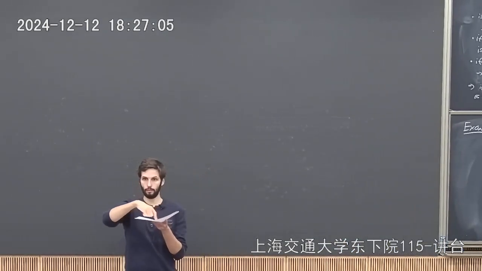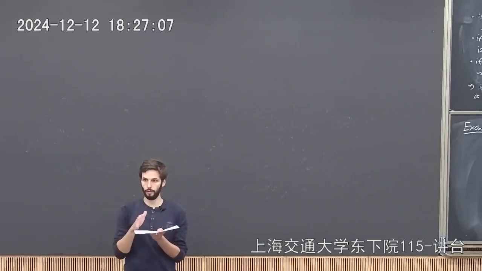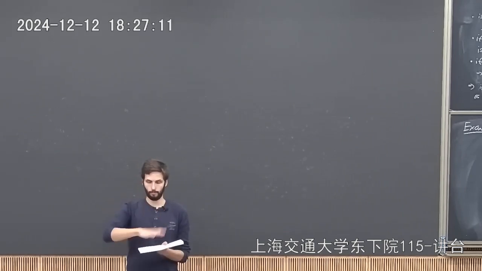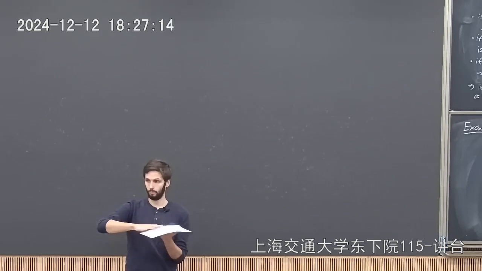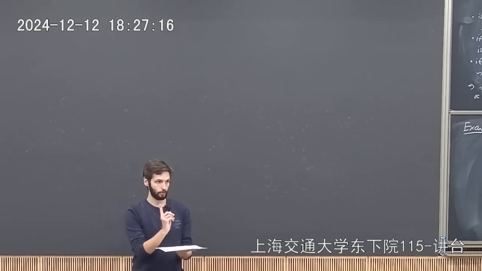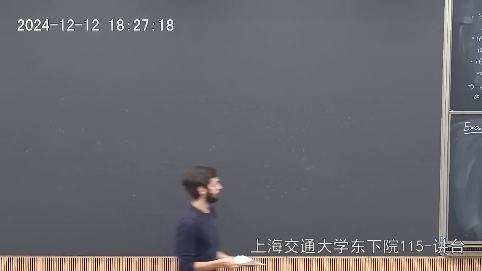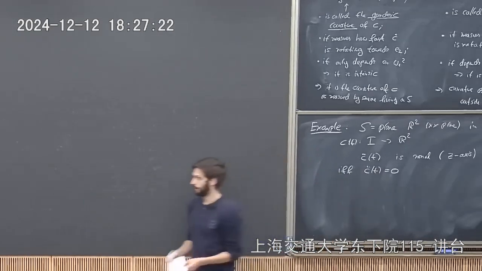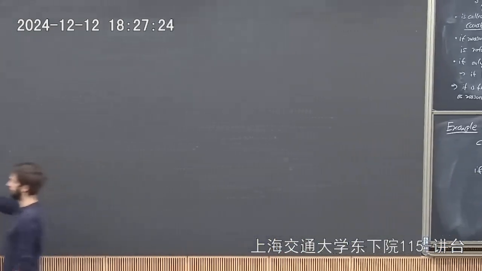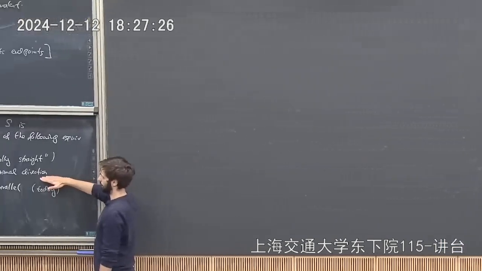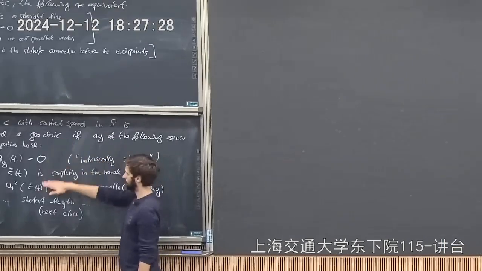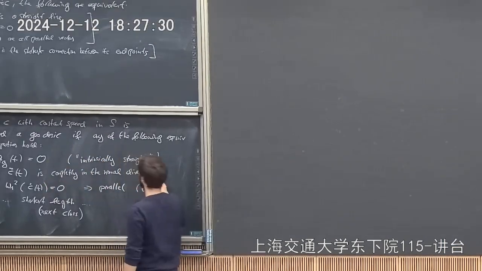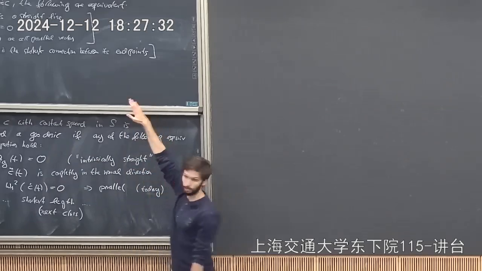If you take the second derivative of that curve, it will still be a vector in R2, and that vector will never be pointing in a normal direction because it will always be contained in the plane. So if you say that it has to be normal, then it actually means that it has to be 0. So this property that we had here, the second geodesic property, is actually equivalent to the first one.